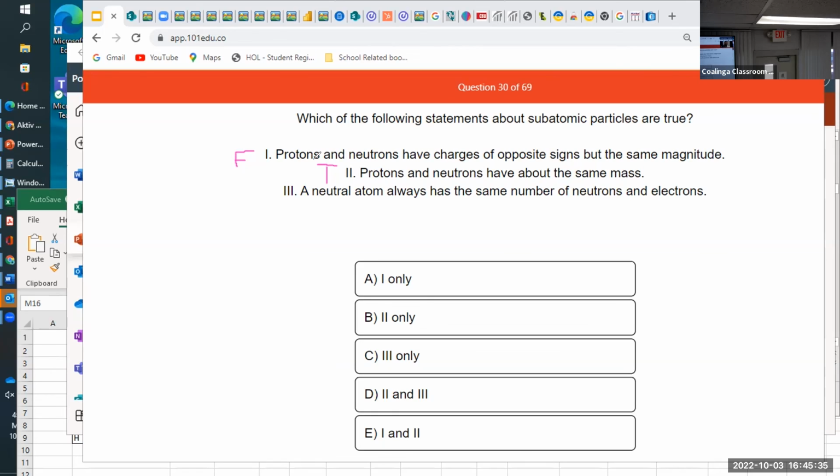Okay, so the next one says a neutral atom always has the same number of neutrons and electrons. How many of you think it's true? How many of you think it's false?